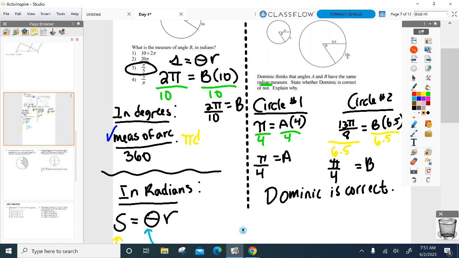We okay using arc length? I know we didn't use the other formula, but if anything is in degrees, we use the other formula. If it's in radians, we use S equals theta r. Moving, anything? I'm moving. So you guys have enough time to practice.